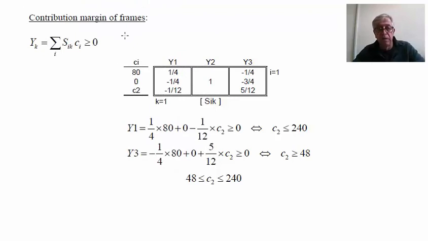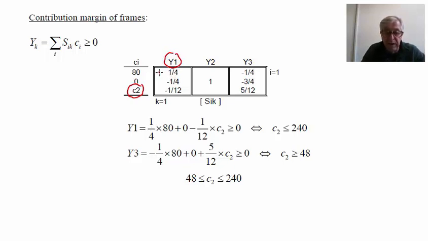Let's consider now the sensitivity analysis to the contribution margin of frames. So we use the same methodology as in the previous case, but now we consider C2 as the unknown. So the same condition is applied first to the shadow price of the first resource.